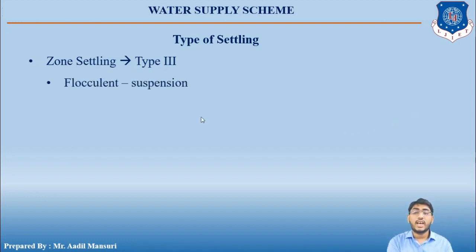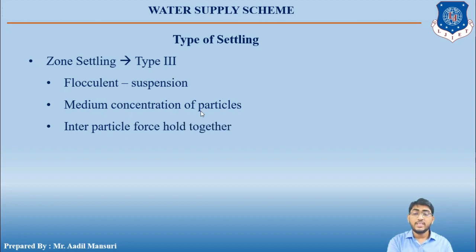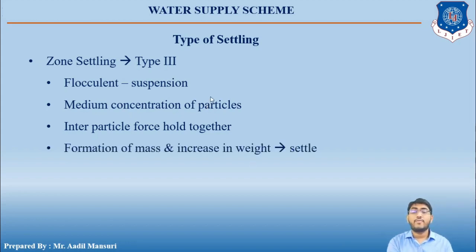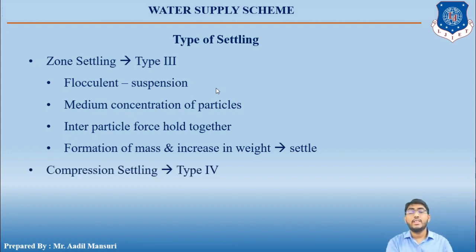These flocculants are in suspension at medium concentration, and the particles are held together by a force known as the interparticle force. This results in formation of a mass, which increases their weight, and thus they will settle down.